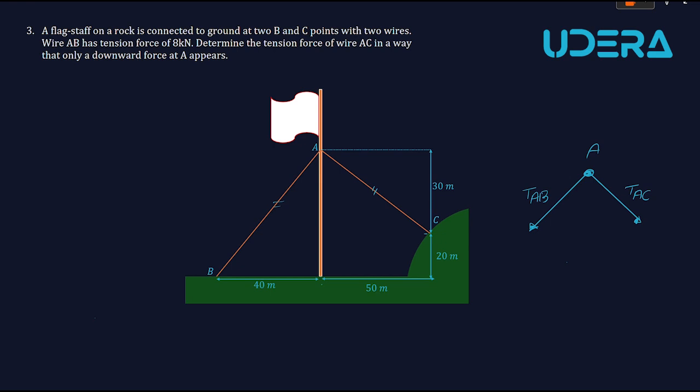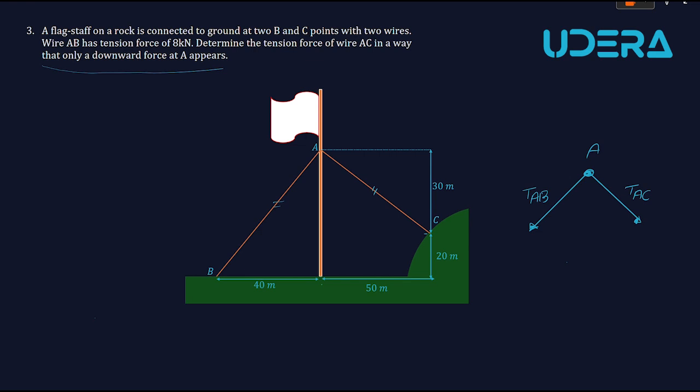The key point of this problem is the last sentence. It says, in a way that only a downward force at A appears. It means that we don't have horizontal forces. So this is a key that opened the door to solve this problem.